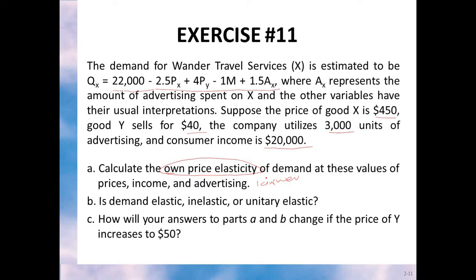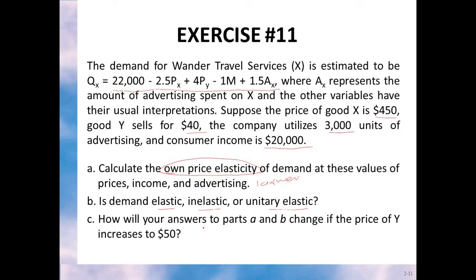Most of the time students give me 3 answers, which is wrong. If you give me 3 answers, it means that you don't understand the question, because the question only asks for own price elasticity, not the cross price, not the income elasticity. So just calculate 1. And then from answer A, you determine, is it elastic, inelastic, or unitary elastic.